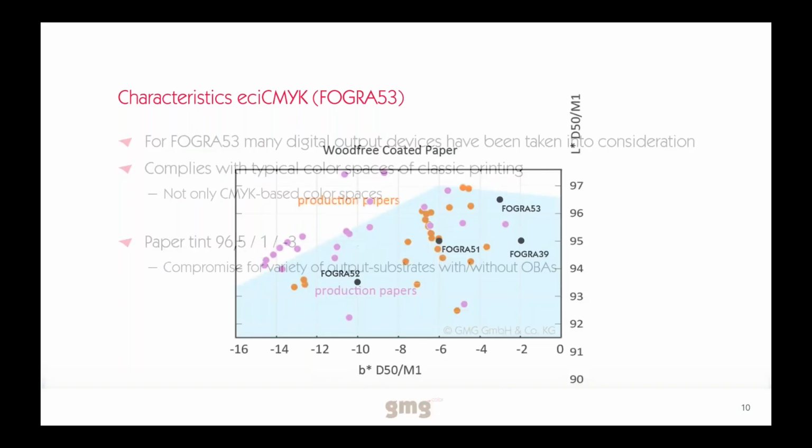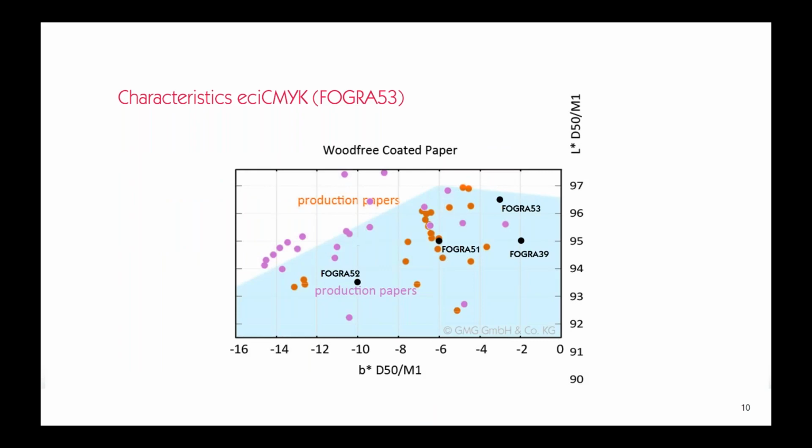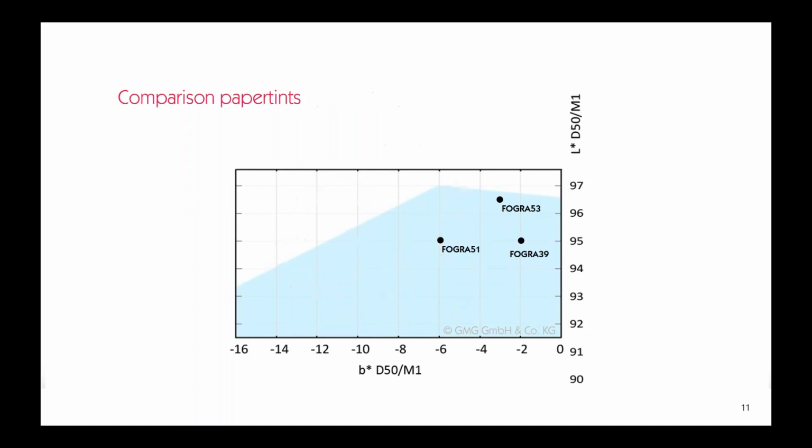Let's have a closer look at the paper tints. Here we have a lot of points. I just used this diagram because maybe a lot of you know this already from the introduction of FOGRA51. So let's get rid of all the points. This is just to get a visual comparison of the difference in the paper tints. So we see FOGRA39, which has been replaced by FOGRA51, and FOGRA51 respects the typical printing paper in this printing condition, meaning you have a lot of OBAs.